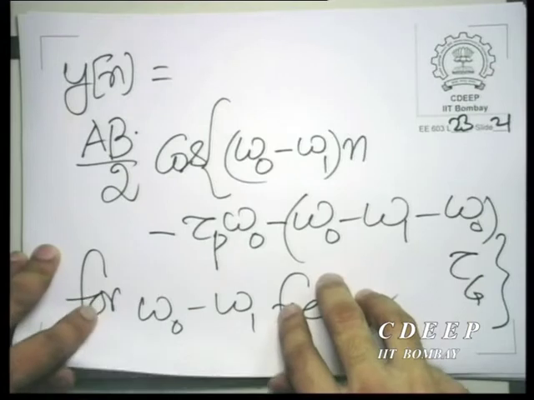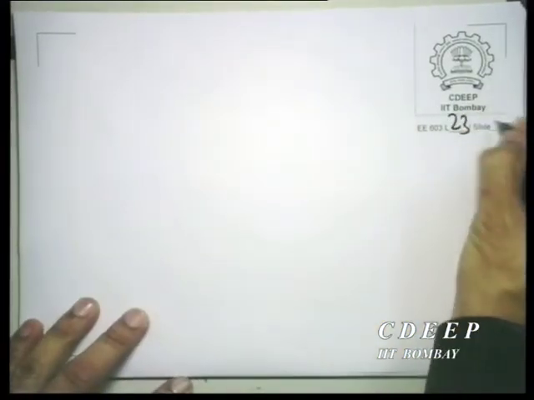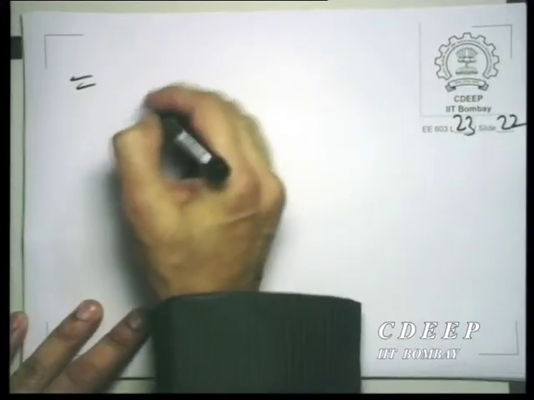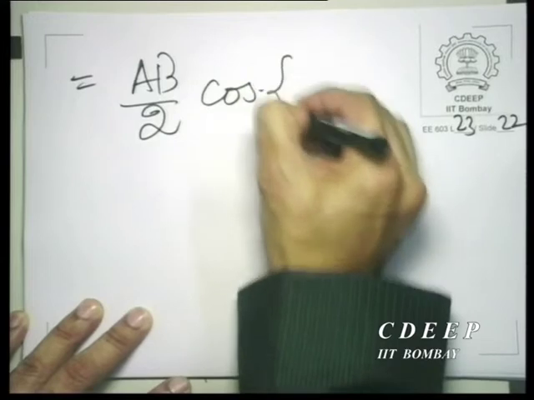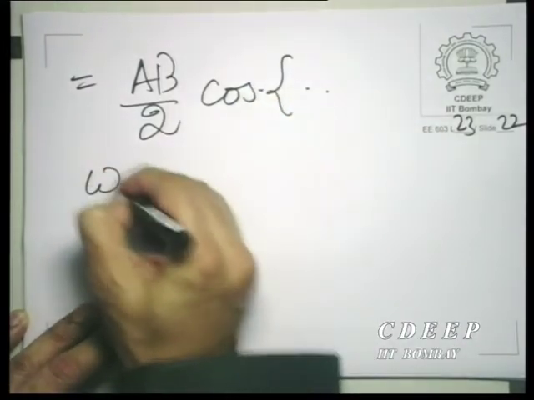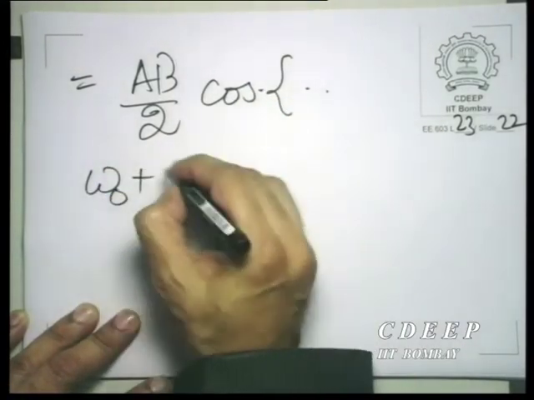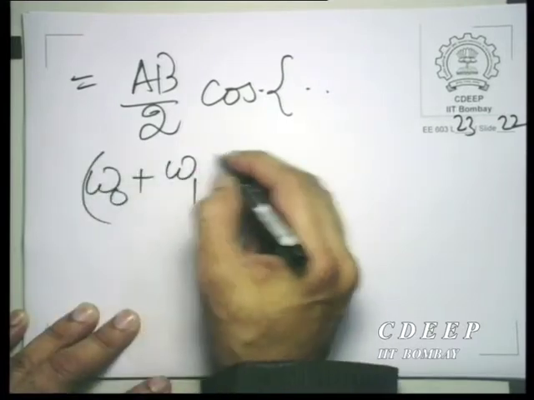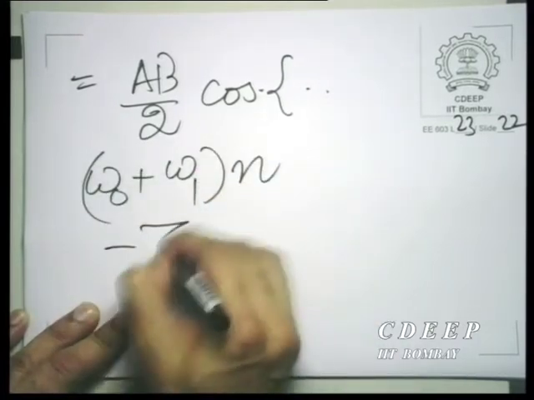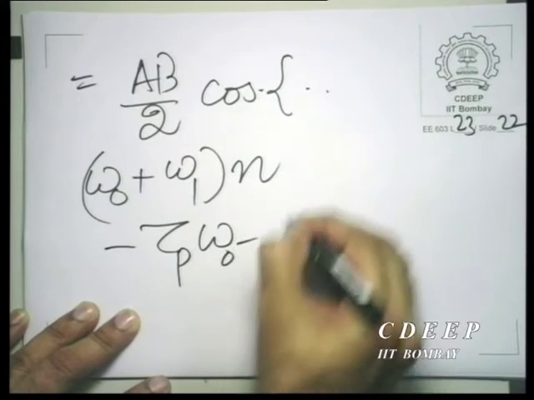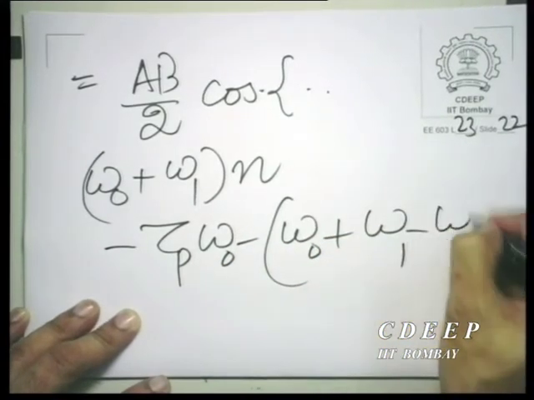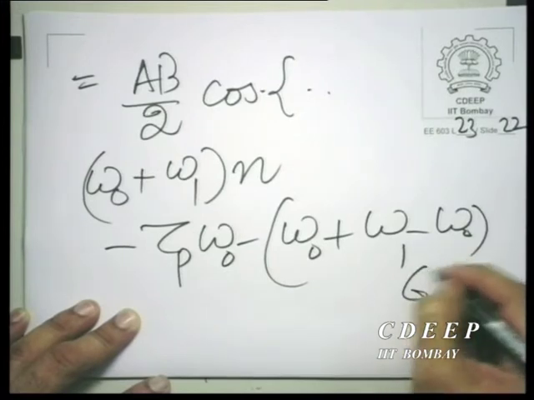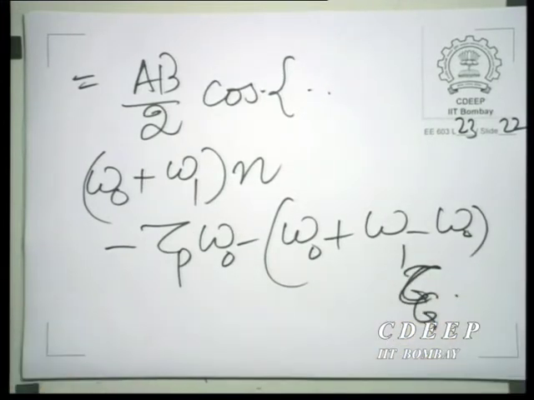And for the omega naught plus omega 1 frequency, it is equal to A B by 2 times cosine of omega naught plus omega 1 n minus tau p times omega naught minus omega naught plus omega 1 minus omega naught times tau g.